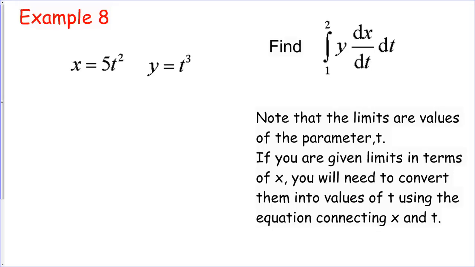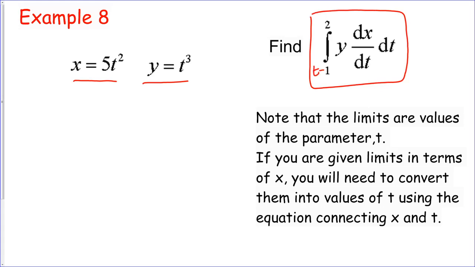So if we've got our two parametric functions, so we've got x and we've got y, to find our area we're going to use this formula up here, which is our formula for area. These are t limits, so we're going to put this together.